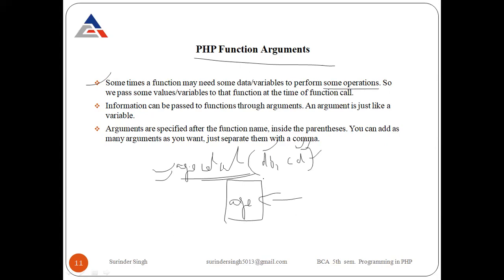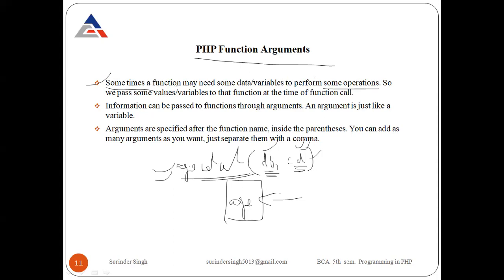Clear? Now this function accepts two values, two variables. First is your date of birth and second is the current date. These are called arguments or parameters that we are passing to a function. Clear? What is an argument?